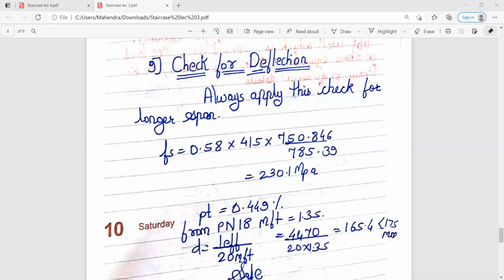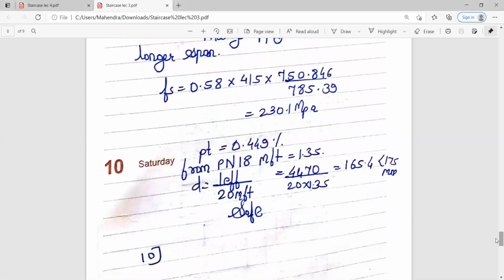AST required आपको मिला है 750.846 and AST provided आपको मिला है 785.39. So after substituting all these values आपको टेंसाइल स्ट्रेस मिलता है 230.1 megapascal. And already percentage minimum you had calculated, that is 0.449%. Then again from the page number 18 of your IS 456, you have to see the modification factor for this percentage.